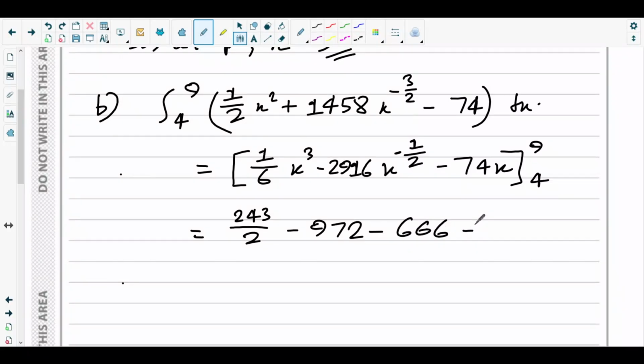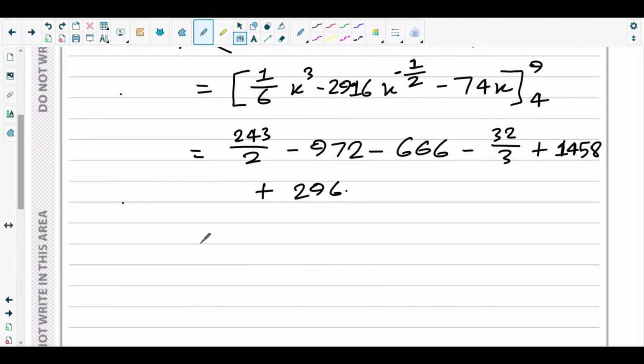Then minus 4 cubed is 64, 64 over 6 is basically 32 over 3. So minus 32 over 3 plus 2916 over 2, which will give you 1458, then plus 74 times 4. 74 times 4 is 296.